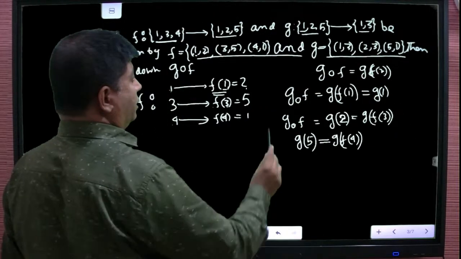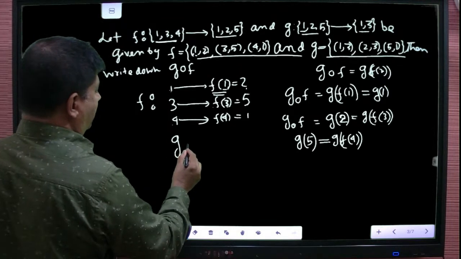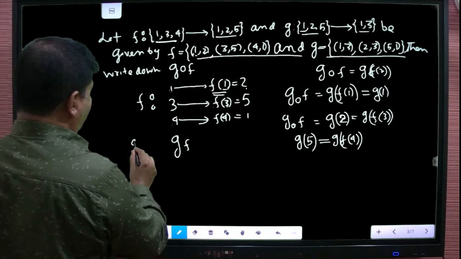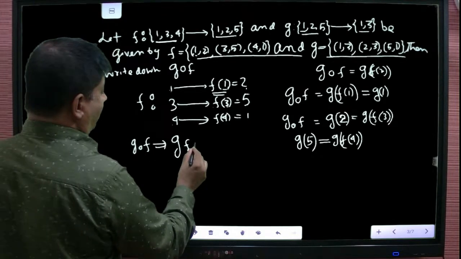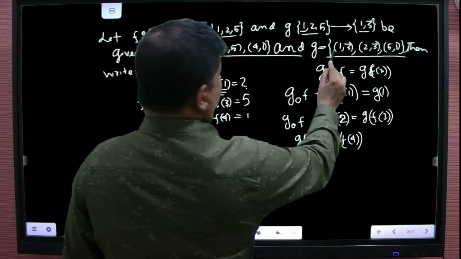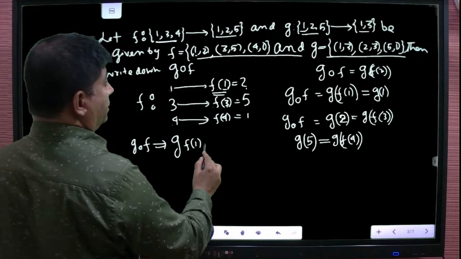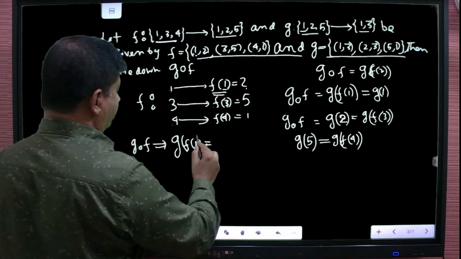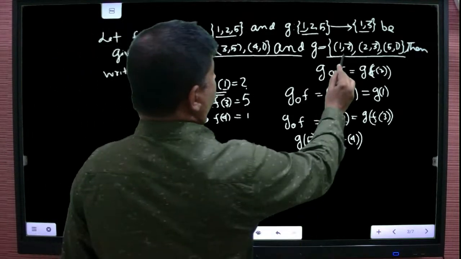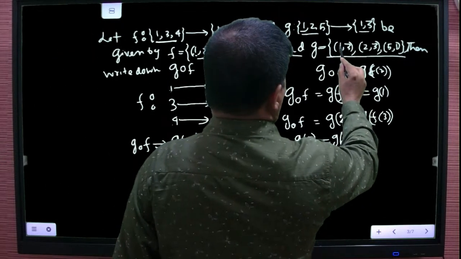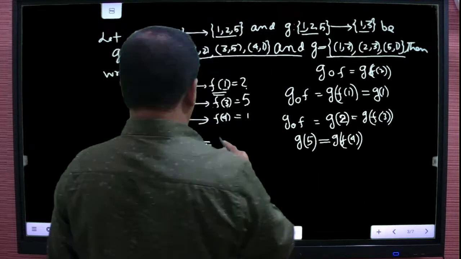Okay. So GOF, g of F1. Now we are going to find GOF, g of F1. See, this 1 is what?